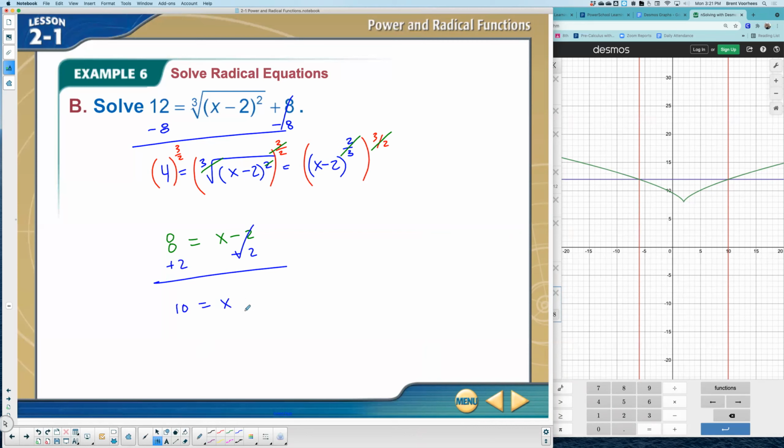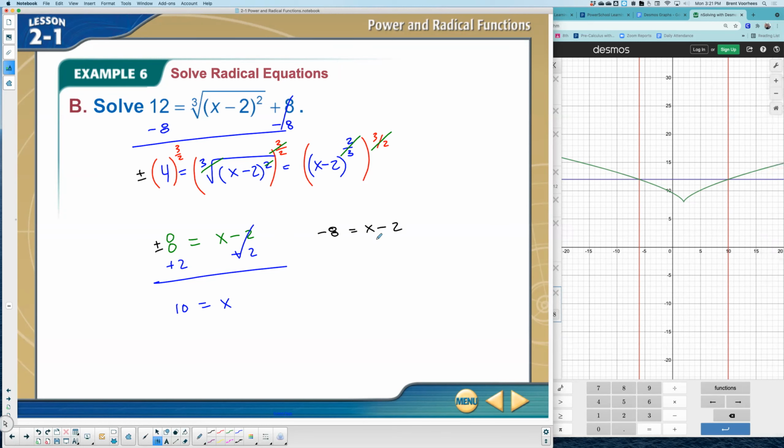Now you might be thinking, where did that other answer come from? Well, it comes from this. Anytime you add a square root, so when you add a power of 2, you need to add a plus or minus. So over here, I need to have a plus or minus, which means it's plus or minus 8. And so technically this would have two answers. There's the positive 8. You would also need to do the minus 8 equals x minus 2.